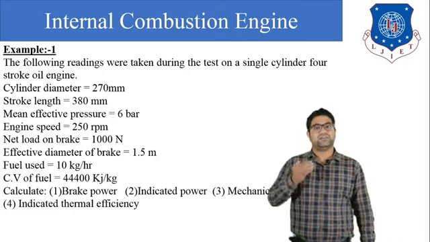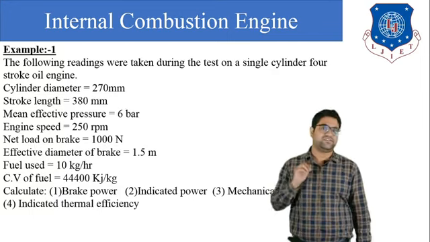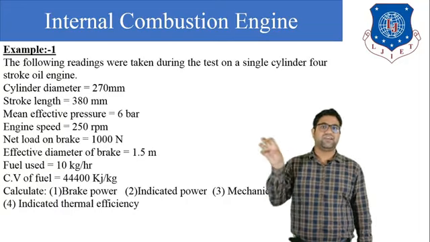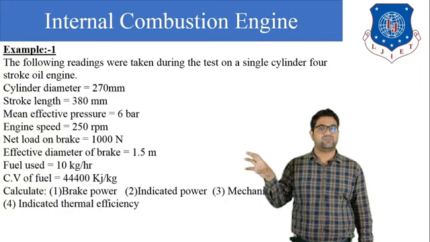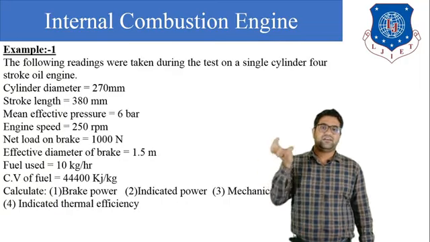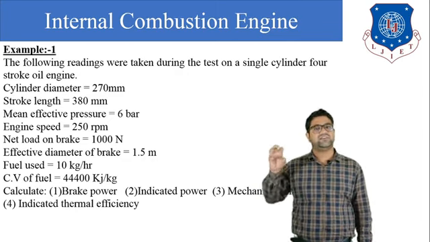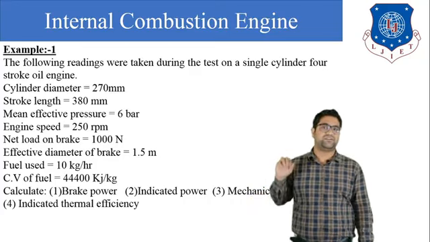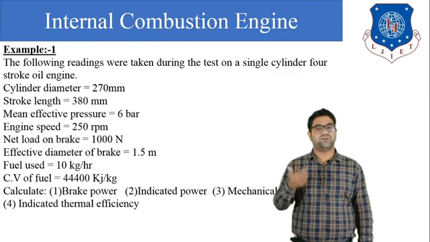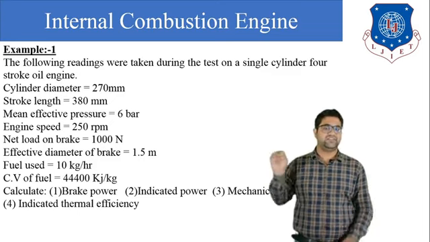Here you can understand that the entire chemical energy will not be converted into heat energy; some amount will be lost. So 120 kilojoule was initially stored in the petrol as chemical energy, and of that, 100 kilojoule is converted into heat energy. So the indicated thermal efficiency shows the relation between the converted energy and the stored energy. It is the ratio of indicated power to the mass of fuel into the calorific value. So these are the four terms we need to find in this example.